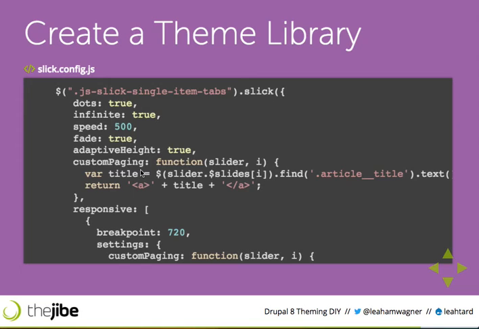You'll see that we're looking for the article title and pulling it into the pager. Where the slideshow showed dots that had no content in it, just an empty div, this custom paging function lets us search contextually in the slide and pull something into that pager.